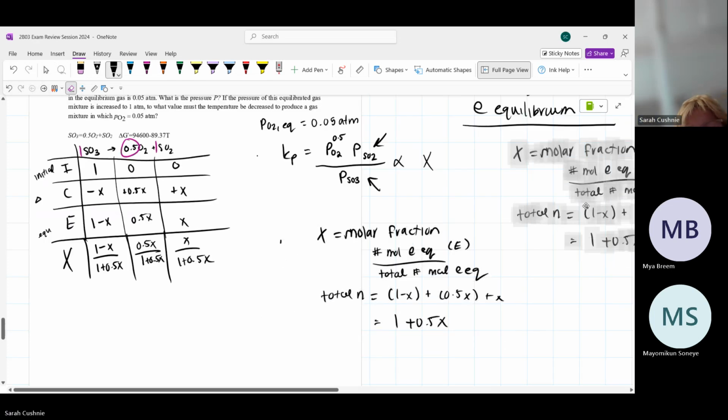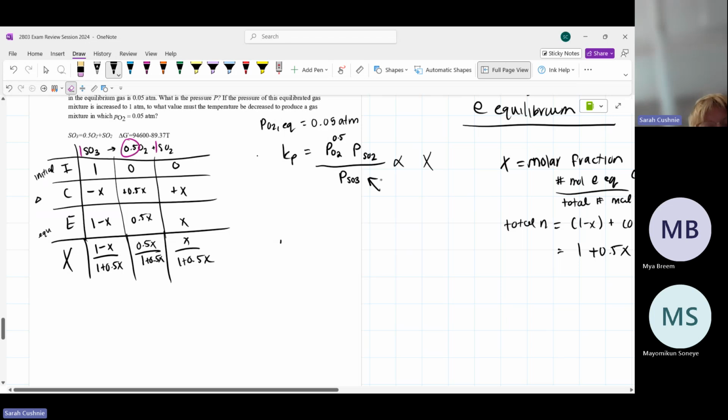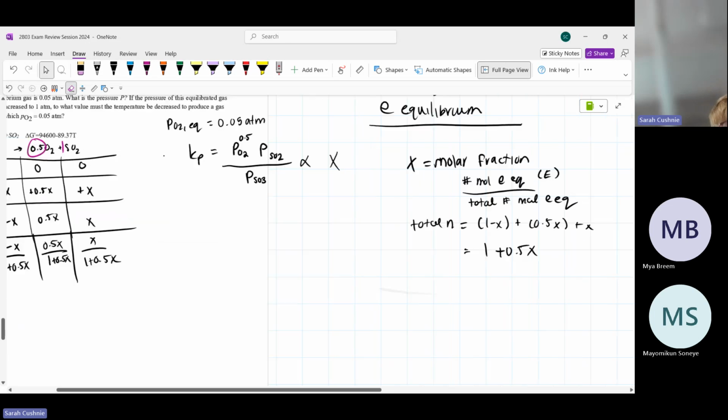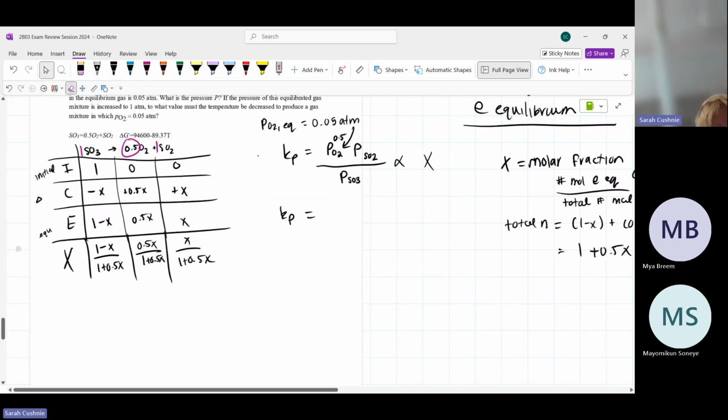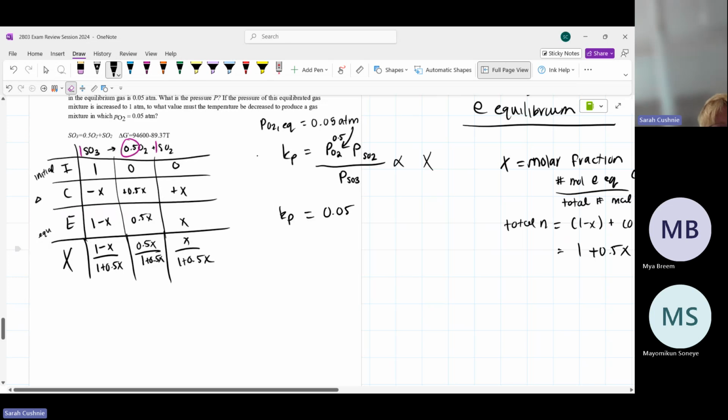So we're getting closer to solving the Kp equation, because Kp is really going to help us out here. Let's sub in PO2, since we know what it is, and try to solve for Kp. We're going to have 0.05 atmospheres to the 1/2 times the partial pressure of SO2.